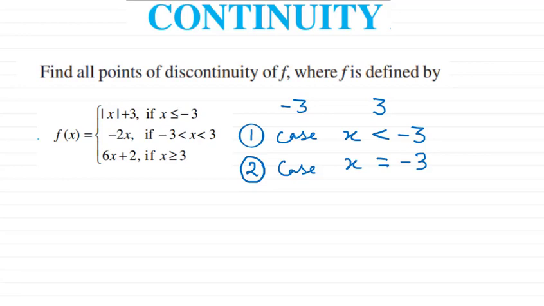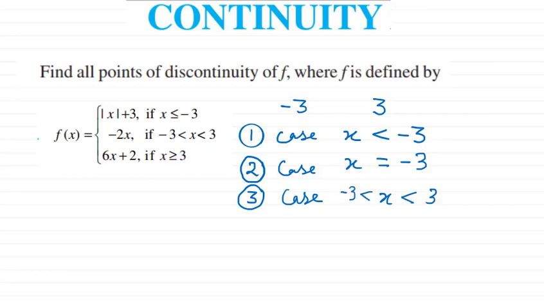Now the third case is when x is greater than -3. But this function is valid only from -3 to 3, so we will check between -3 and 3.